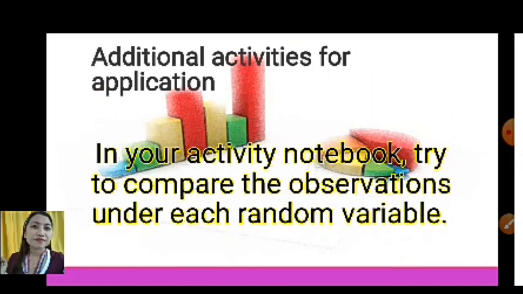And then for your additional activity, for the application in your activity notebook, try to compare the observations under each random variable. What situation? The situation of choosing a basketball player. You will base your answer on that table.